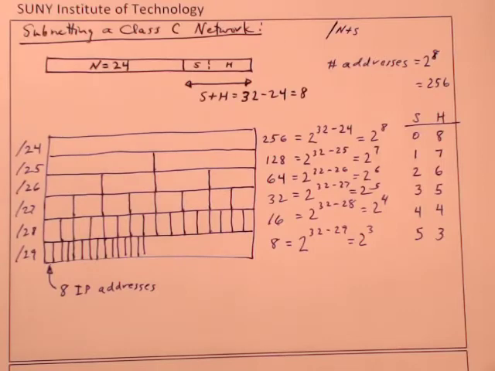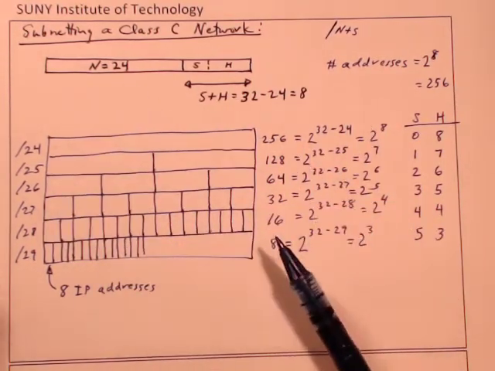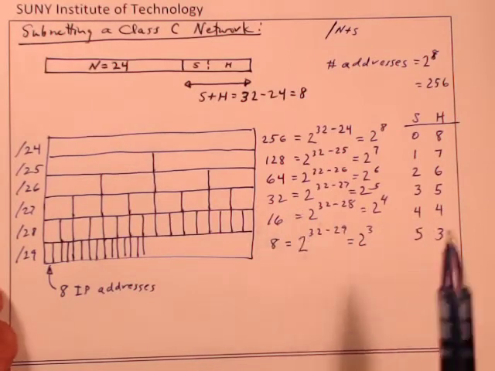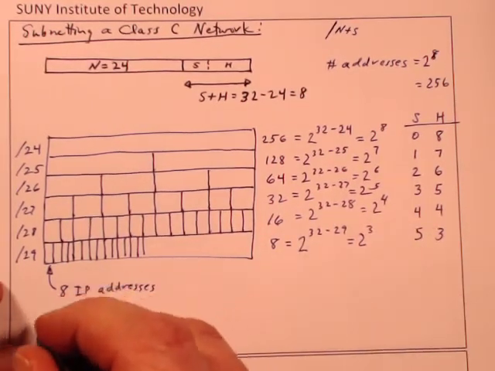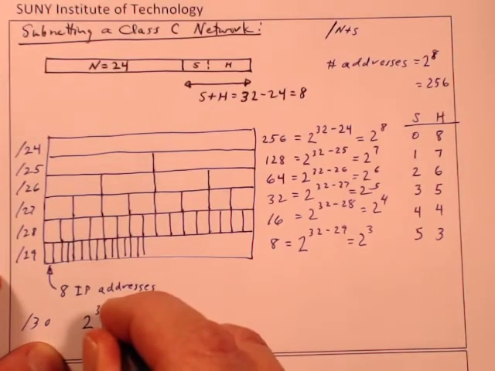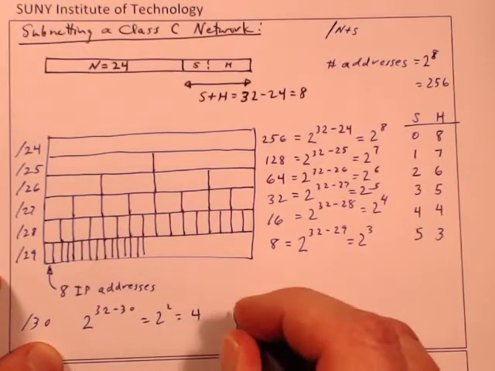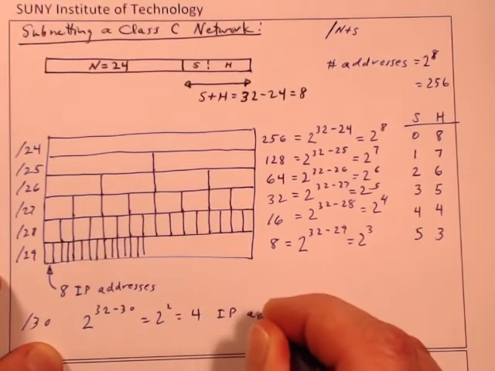Okay, so this is basically the way that you could subnet a Class C network. I guess we could continue on with a slash 30, and that would have 2 to the 32 minus 30, or 2 squared, which is just 4 IP addresses.